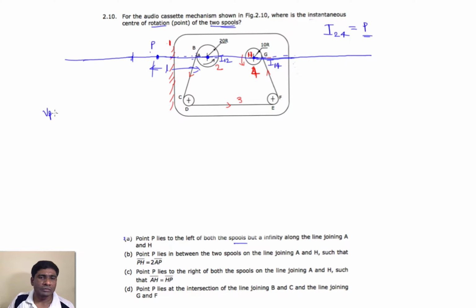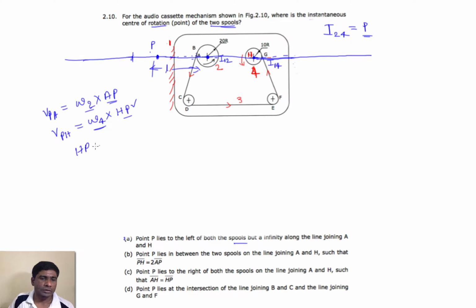Velocity of P with respect to A equals omega 2 into AP, and velocity of P with respect to spool G, or point H, equals omega 4 into HP. But here AP is less than HP, so to compensate, omega 4 should be less than omega 2, but that is not the case.